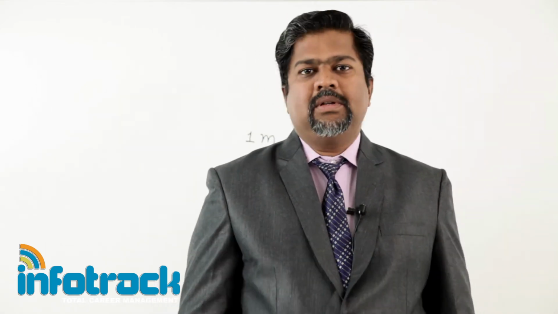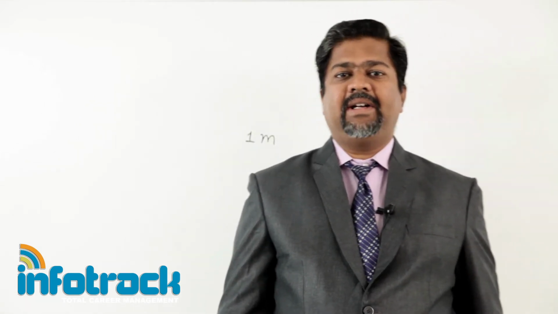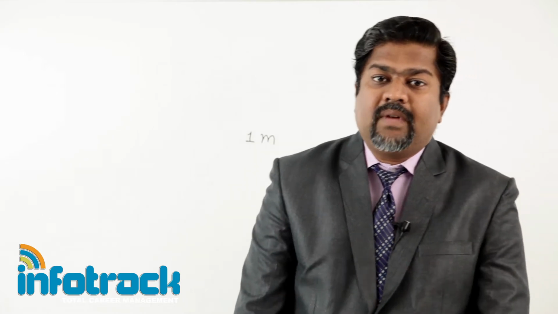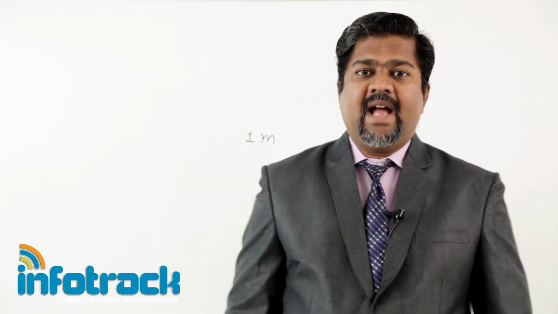For example, you are aware that this world is made up of smaller particles we call atoms. Generally we consider atomic diameter in terms of 1 angstrom.